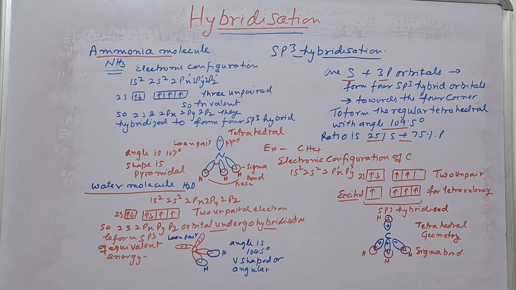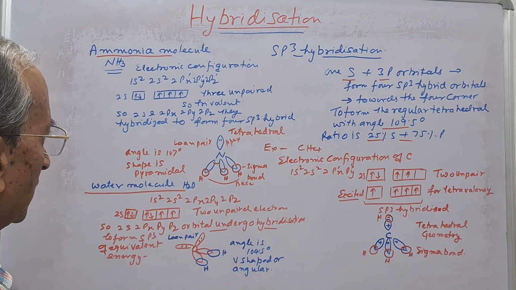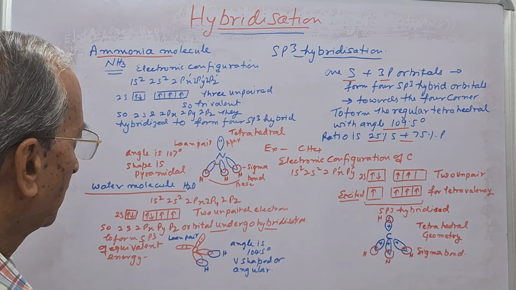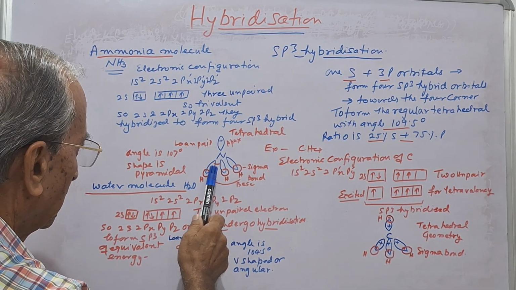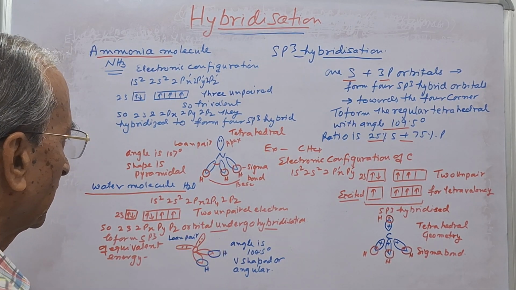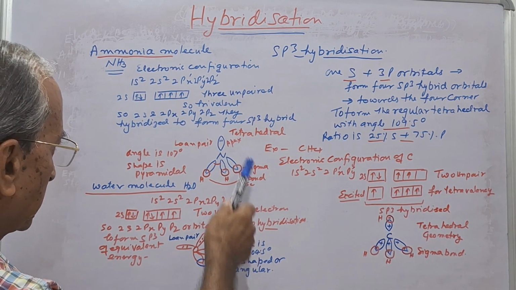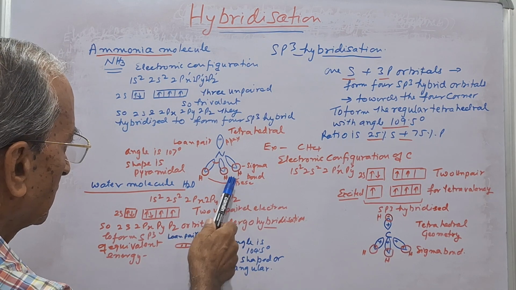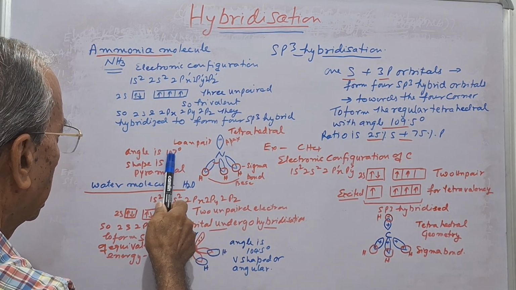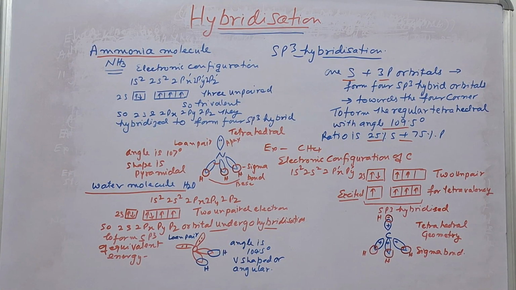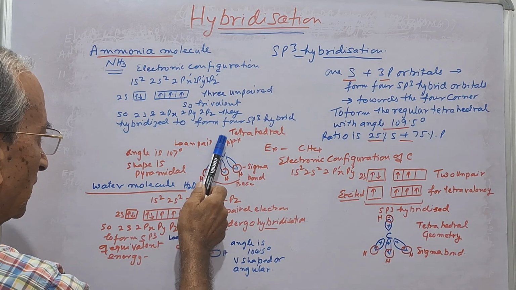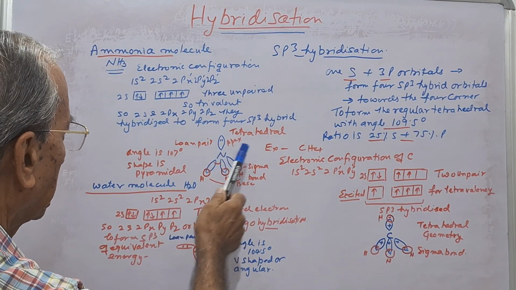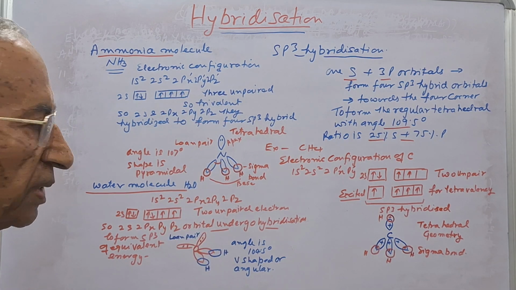Here one point is very important. The repulsive force of the lone pair on the bonded pair is more than the force of a bonded pair on a bonded pair. So there is a distortion in the structure and the angle between the hydrogens becomes 107 degrees. It's very important. That is the repulsive force of the lone pair. So we say the shape becomes pyramidal.